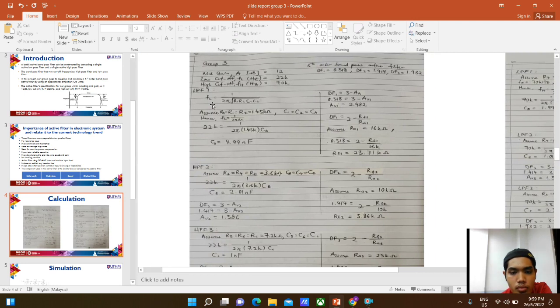This is the formula for the high pass filter. We calculate all and we get the answers, which are the resistance and frequency 1 until frequency 3.